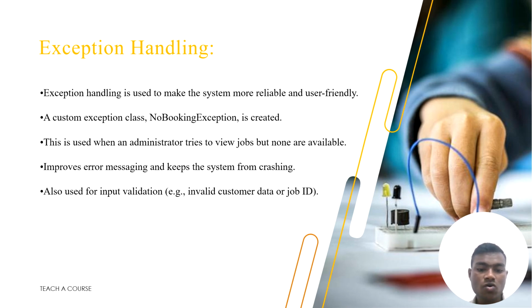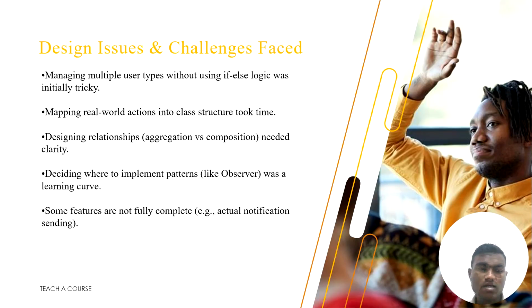This makes the system more user-friendly because instead of crashing, it shows errors and provides a meaningful message explaining the problem. I also wrapped file operations, user inputs, and the menu interaction inside try-catch blocks to prevent the program from stopping unexpectedly.